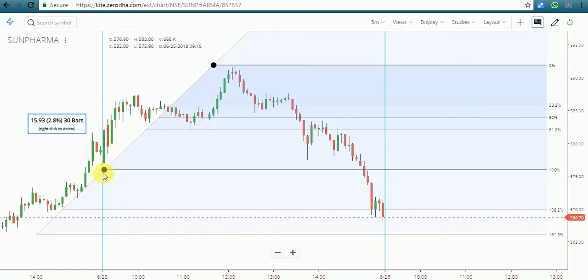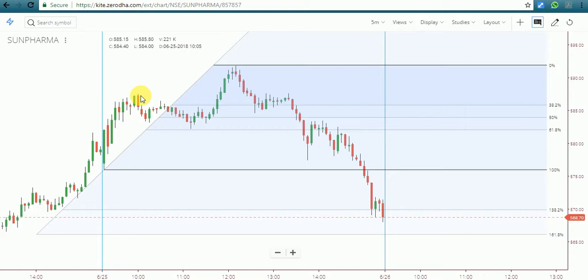So here, I pick swing low to swing high. If I want to trade in the afternoon, suppose the market is falling and you want to see where it will go up to next, at which level it will hit, so that you can predict yourself, drawing this Fibonacci helps.